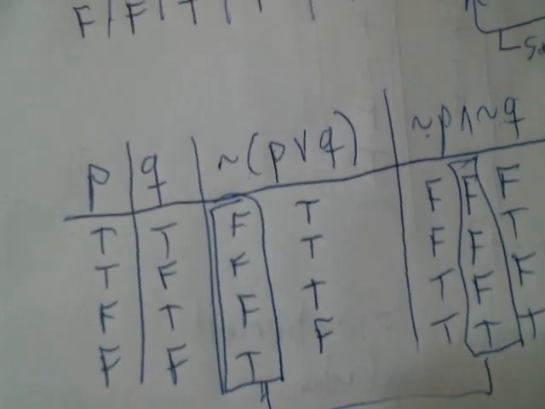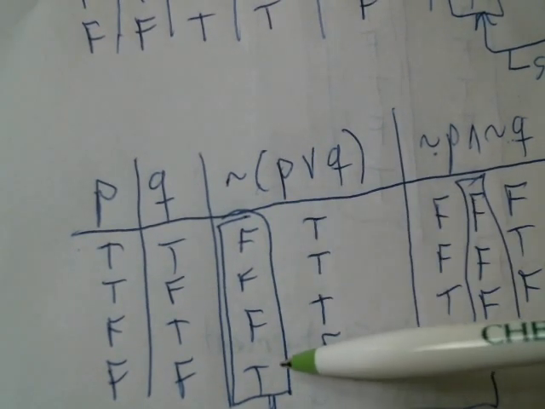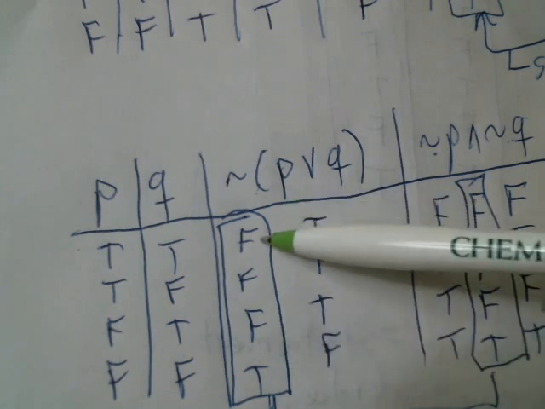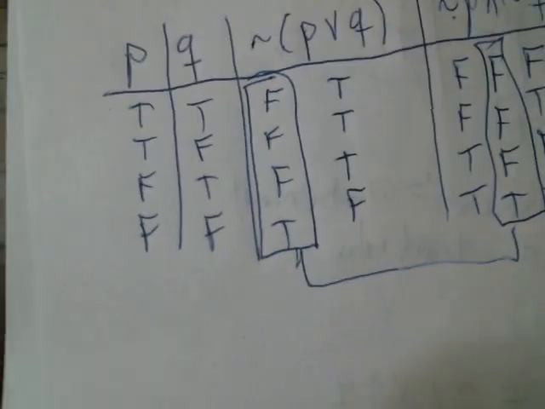Tautologies and contradictions. When all of these are true or all of these are false, they're considered special. In particular, if they're all false, it's a contradiction. If they're all true, it's a tautology. There are simple facts in life that you can think of as a tautology. For example, I am either dead or I'm alive. So P or not P is a tautology.